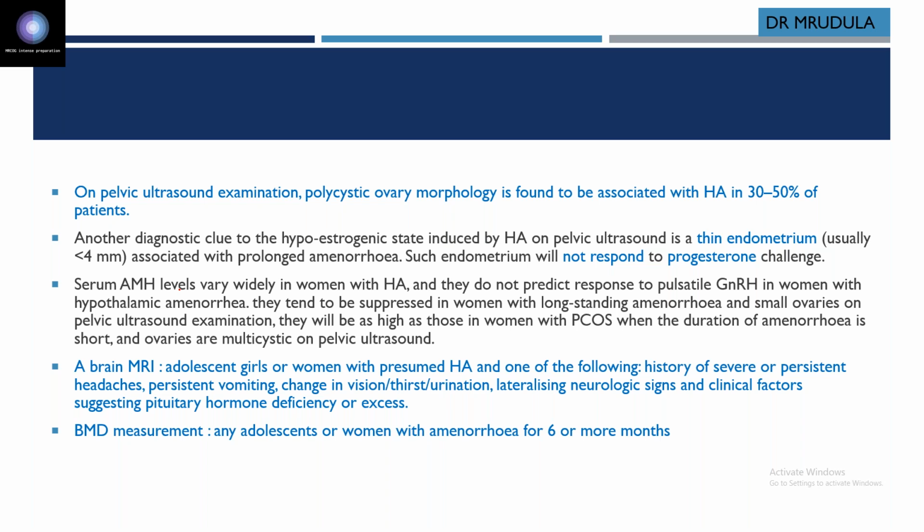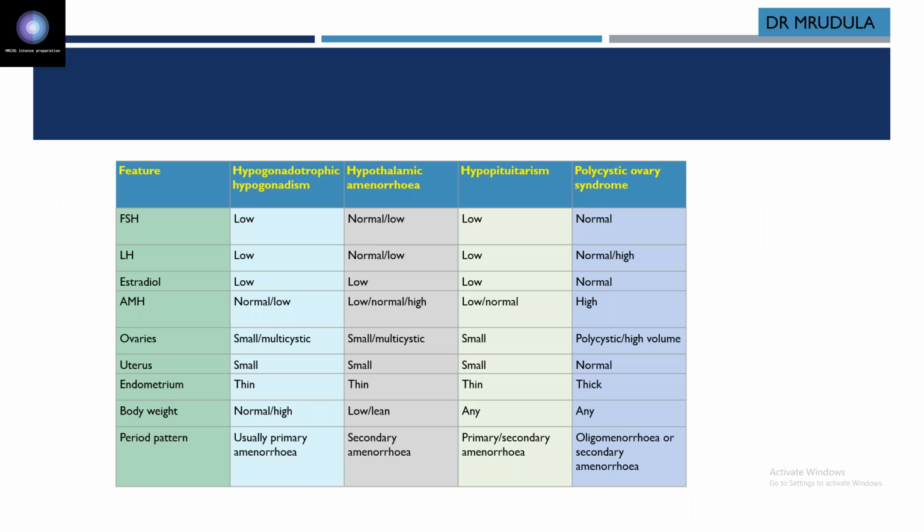So whenever you get any clue regarding pituitary hormone deficiency or excess, or any neurological symptom, then only do a brain MRI. Routinely, brain MRI is not required for hypothalamic amenorrhea patients. But in any adolescent or secondary amenorrhea lasting 6 months or more, you have to do BMD measurements to rule out osteoporosis.